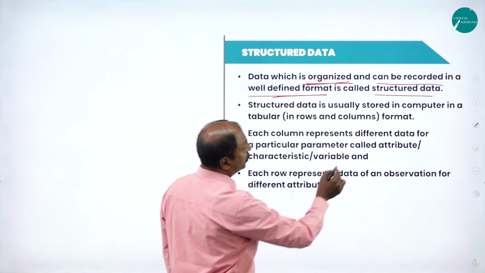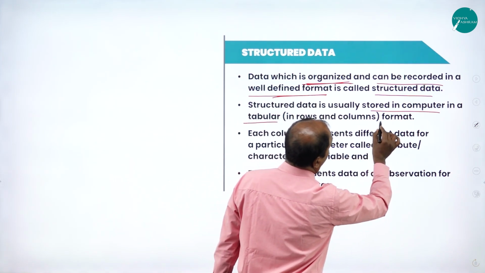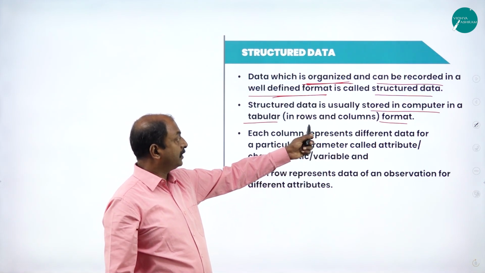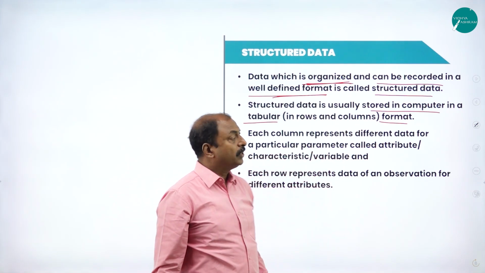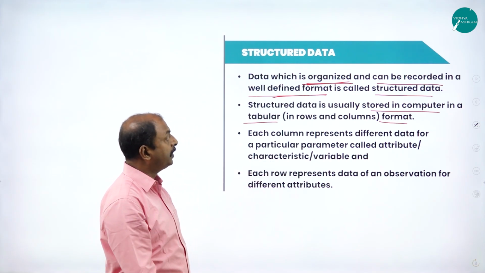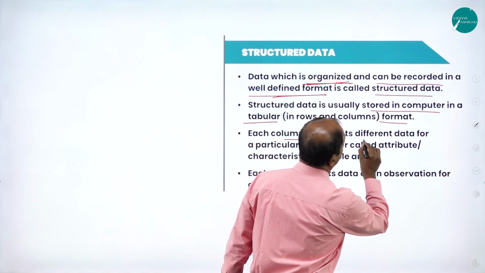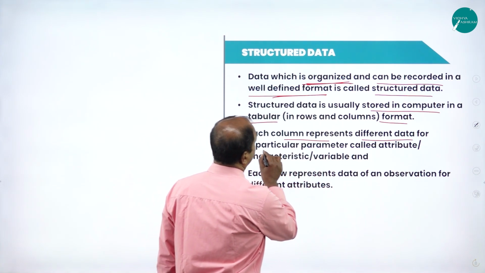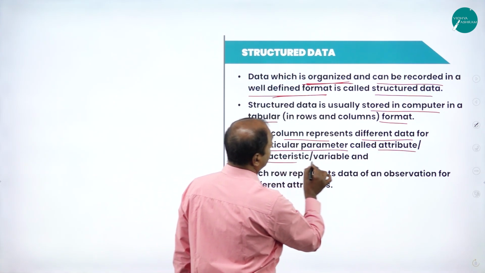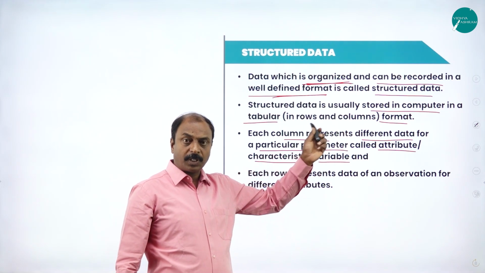It is usually stored in the computer in a tabular format, in the form of tables. A table consists of rows and columns. This is how structured data is stored in a computer. Each column represents different data for a particular parameter, called an attribute, characteristic or variable.